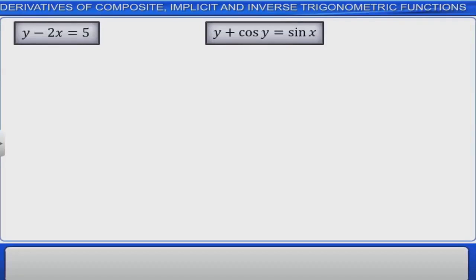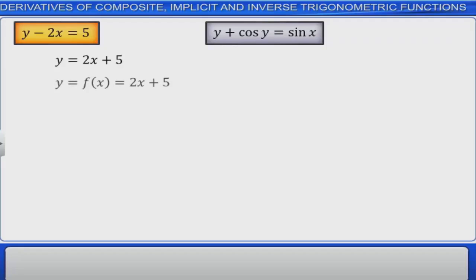Let's now learn to differentiate functions involving two variables. Consider the equations y minus 2x is equal to 5 and y plus cos y is equal to sin x. Let's analyze each equation. The first equation can be solved for y and rewritten as y is equal to 2x plus 5.